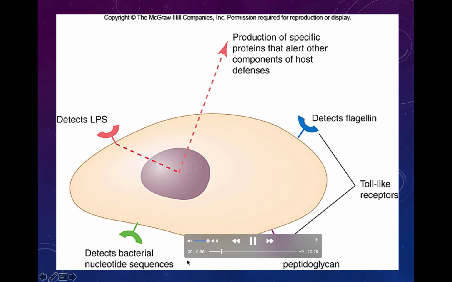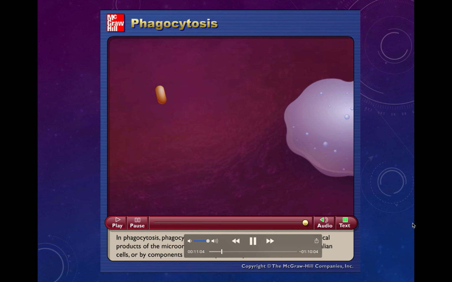And there are a few others as well. But the same thing happens every time a toll-like receptor, which again is a class of pattern recognition receptors, binds to its ligand. It will always elicit a response in that cell that will induce genetic changes to make new proteins responsible for eliciting a host immune response. And one of the classic responses is the process of phagocytosis. So let's look at that process next.